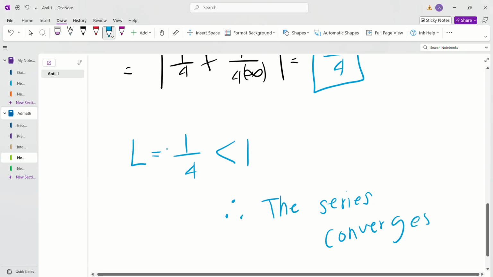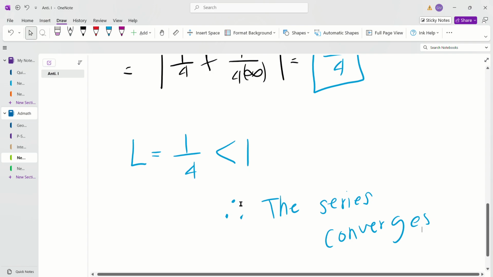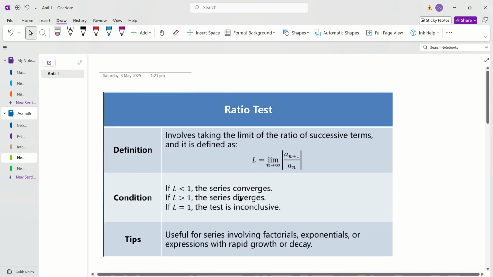So that's how you determine if the series converges or diverges using the ratio test.